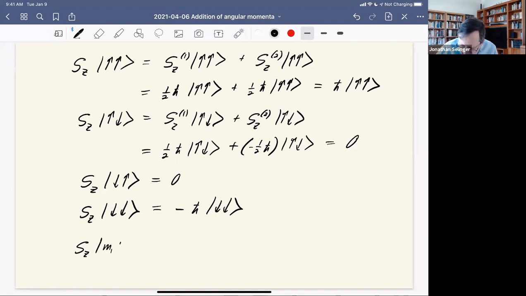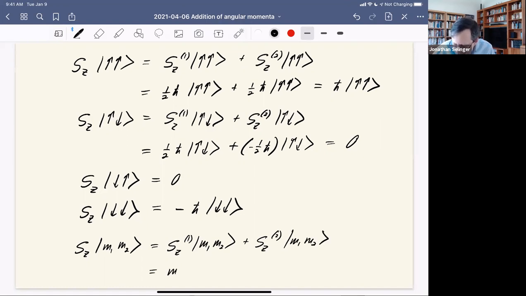Or if I wanted to write all of these things compactly, I could say SZ acting on the state M1, M2 is equal to SZ1 acting on M1, M2 plus SZ2 acting on M1, M2. So that is M1 h bar times M1, M2 plus M2 h bar times M1, M2.